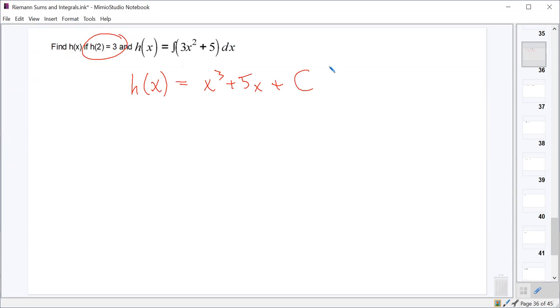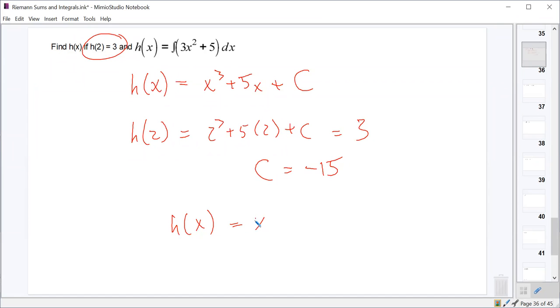And giving an initial value or an initial condition here tells us that we need to find the constant. So we'll say that h of 2, which is 2 cubed plus 5 times 2 plus c, needs to equal 3. And so we'll use that to solve for our constant. Our constant should be negative 15. And so h of x would be x cubed plus 5x minus 15.